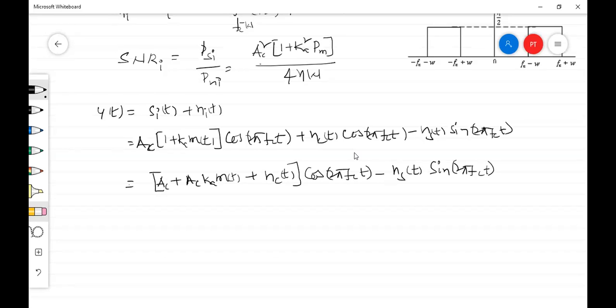Is it clear? Now, you see, some time function into cos, and some other time function into sine.